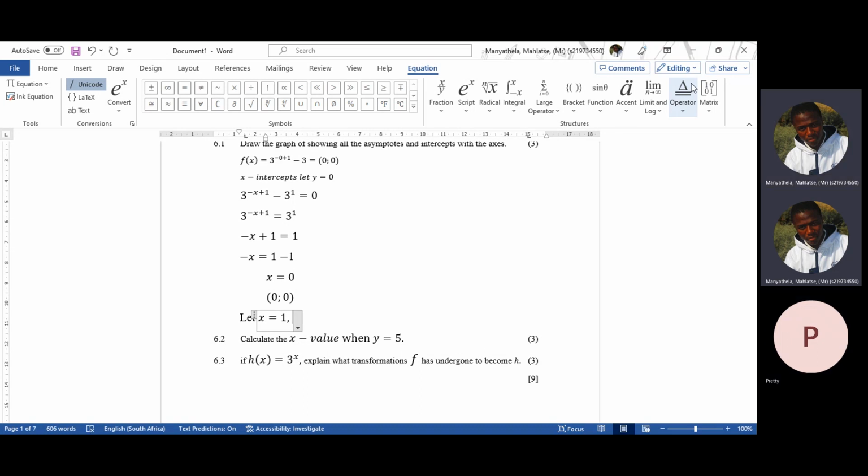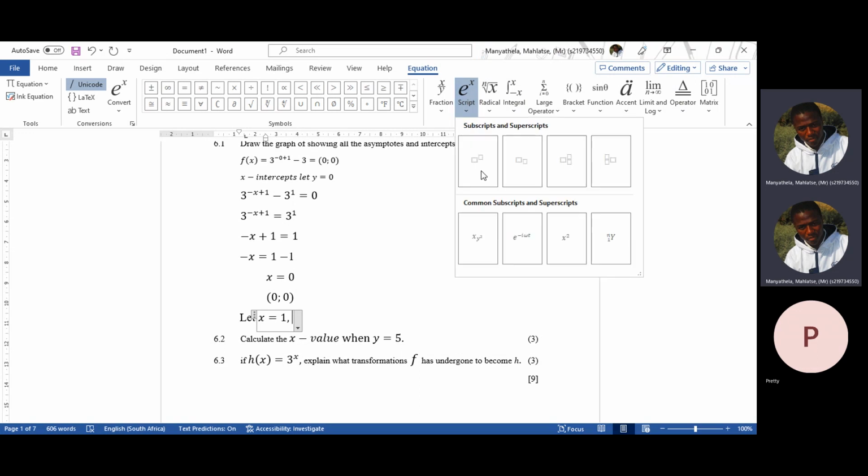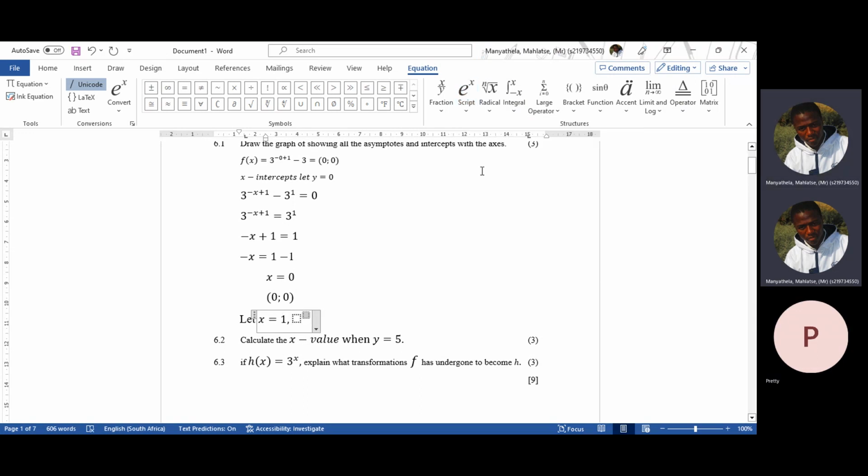In the equation, we have 3 to the exponent negative x, which in this case will be 1, plus 1, minus 3.